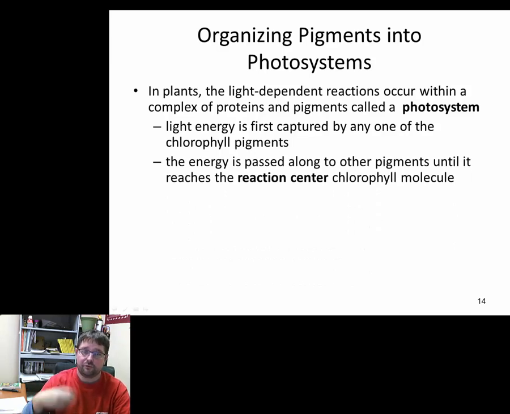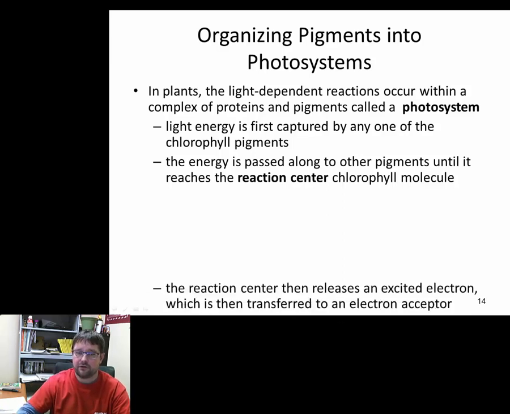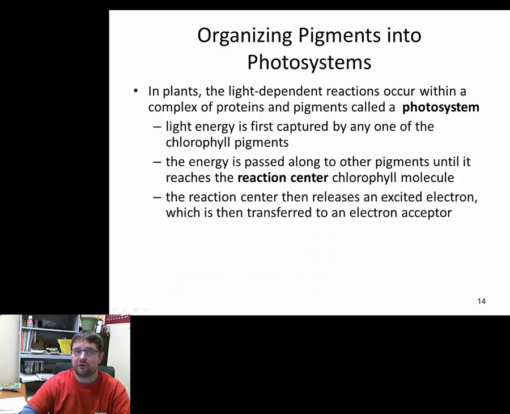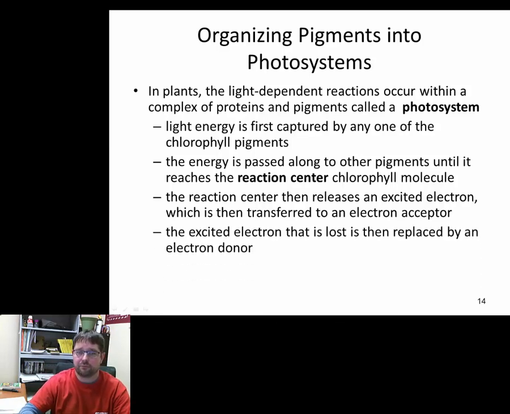So the resonant energy is moved from one pigment molecule to the next until it reaches the reaction center. When it reaches the reaction center, it excites an electron. That electron can then be transferred to an electron acceptor or an electron carrier in some cases, and it's going to carry that electron to another region, another part of the thylakoid membrane.